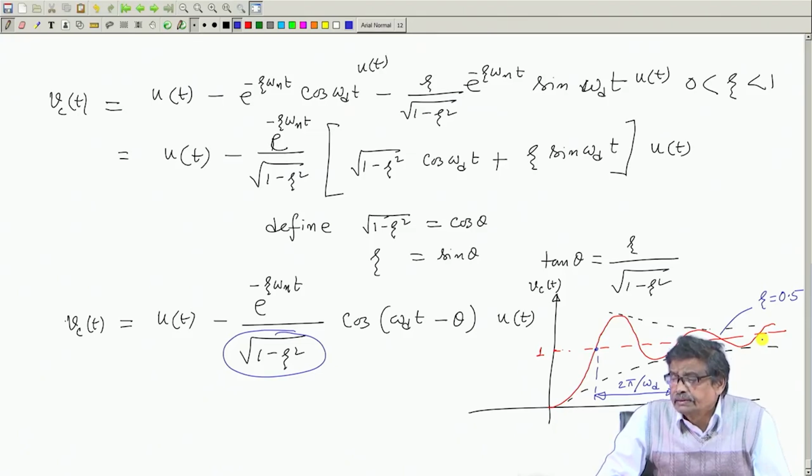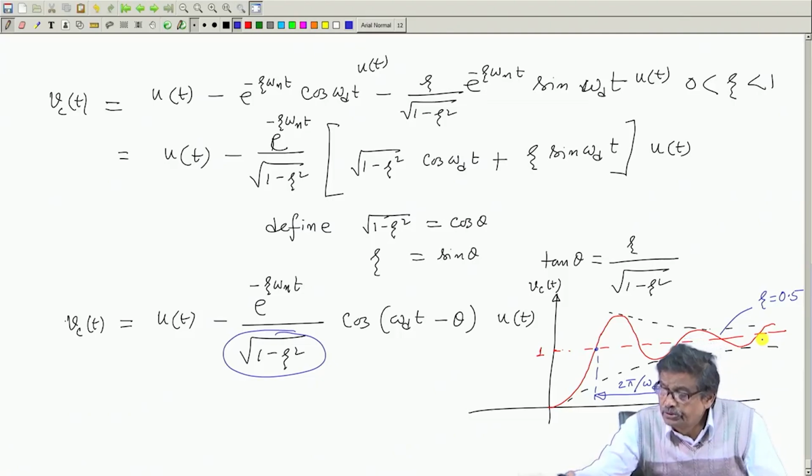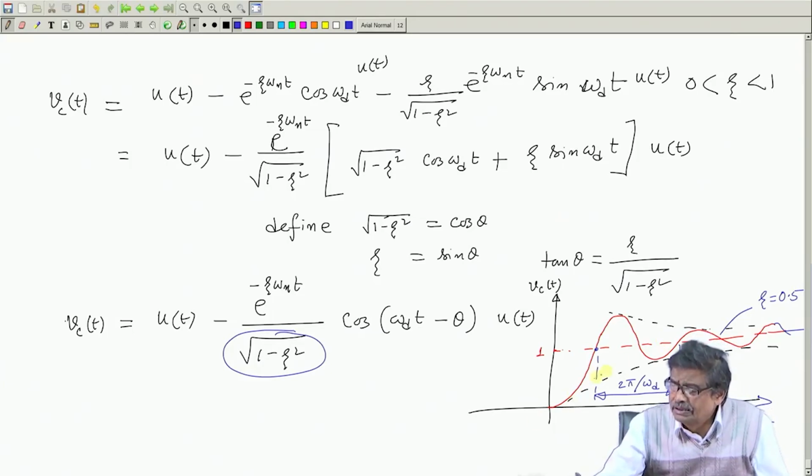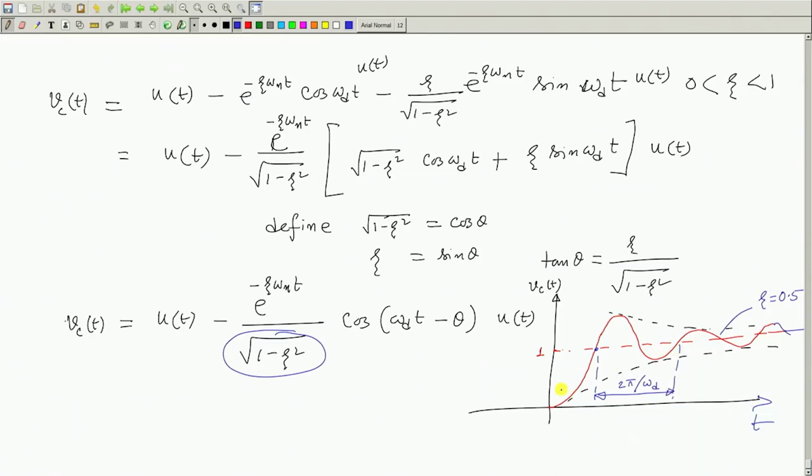Similarly, it can also have oscillations, but with reduced amplitude as time passes, mind you this is the time axis, and finally, it will settle down to the capacitor voltage, or it may be critically damped, that is, exponentially it will go, neither overshoot, no undershoot, like that.